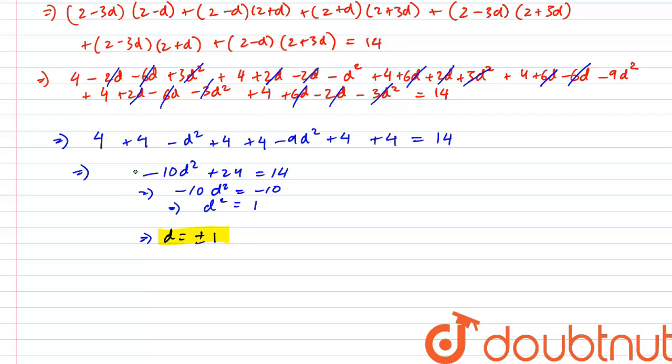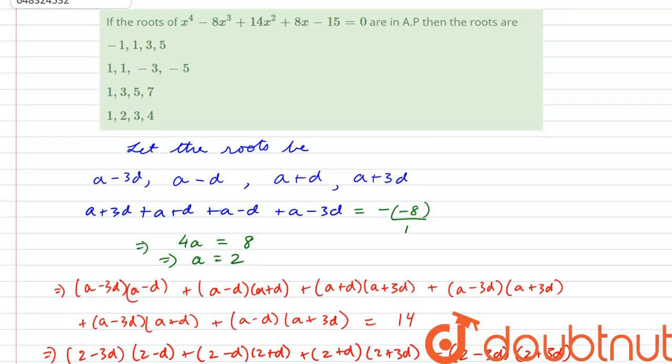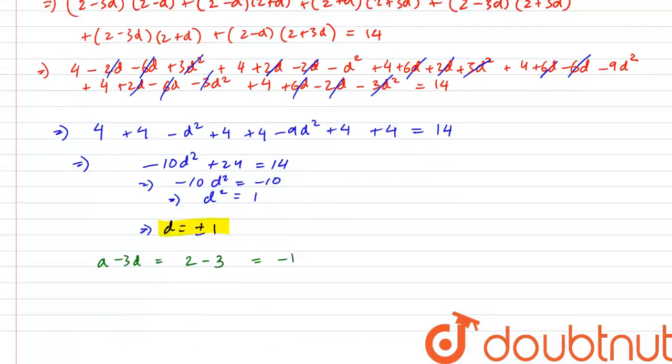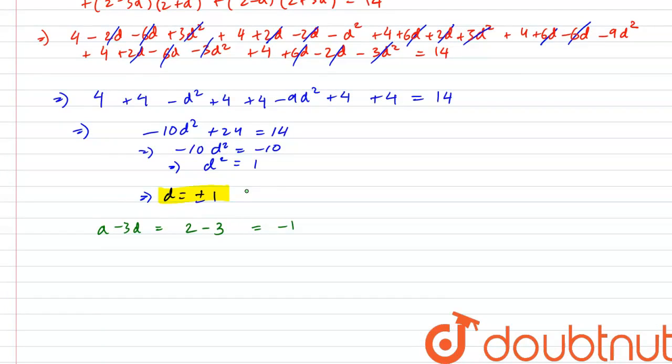Therefore, finally we can find the roots. A minus 3D would be equal to 2 minus 3, which is equal to minus 1. If you take the negative value of D, then you will just reverse the roots. So either way we can take any one of the values, and this will give us the same possibilities.